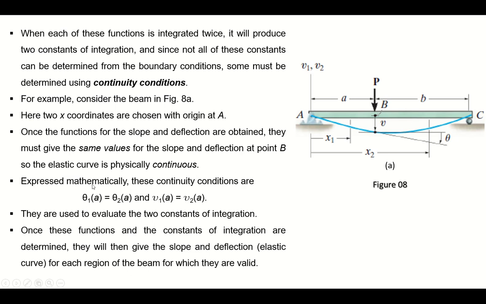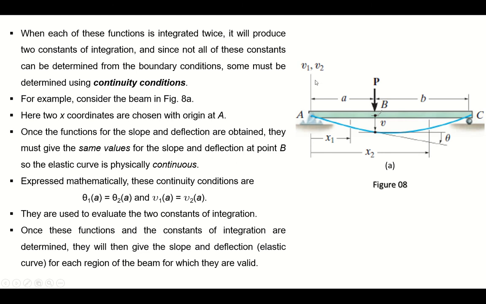So expressed mathematically, the continuity conditions will be what? That theta 1 at A is equal to theta 2 at A. So this is the point where your x is equal to A, right?